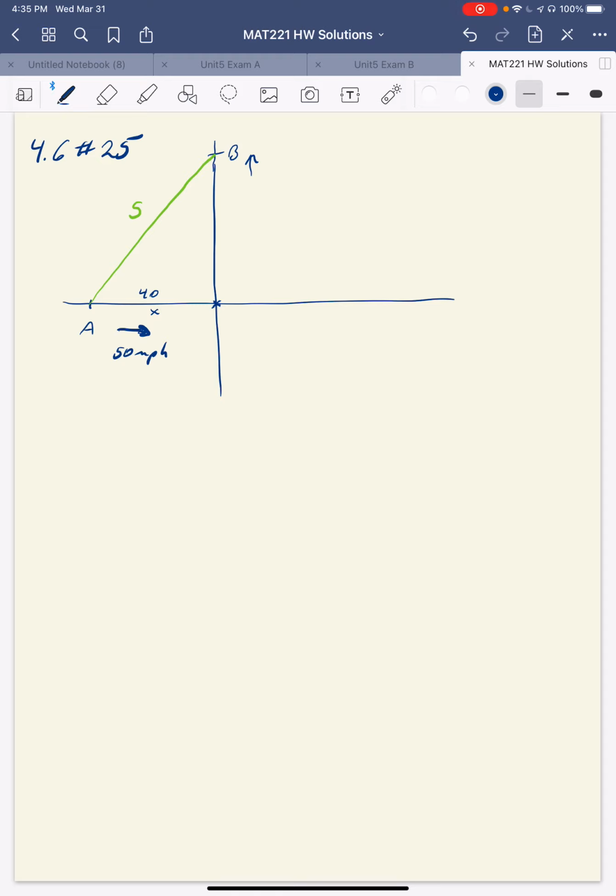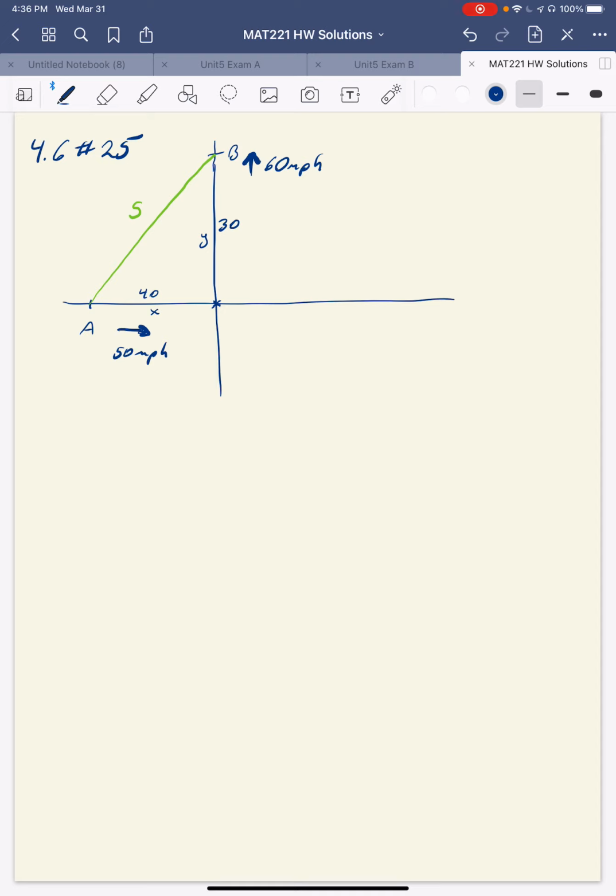Then it says car B is 30 miles from the intersection, so obviously I'm not drawn to scale here. I'm going to label this distance Y. I am told that car B is traveling 60 miles per hour, again, away from that intersection. It wants to know, are the cars getting closer together or farther apart at this time?